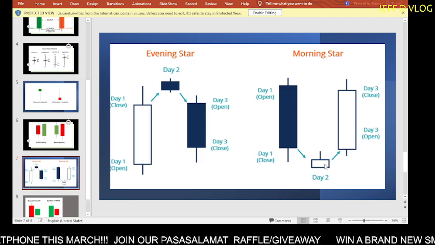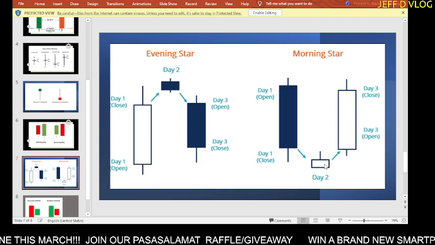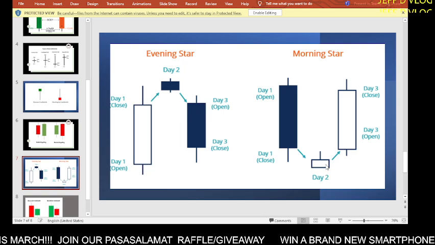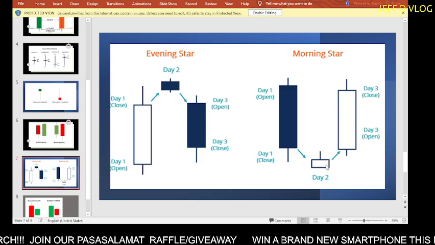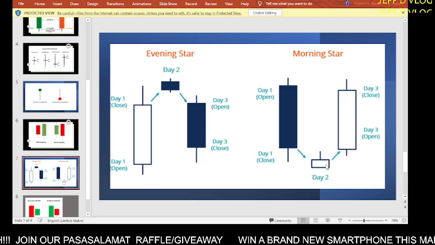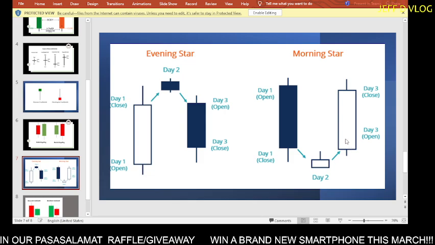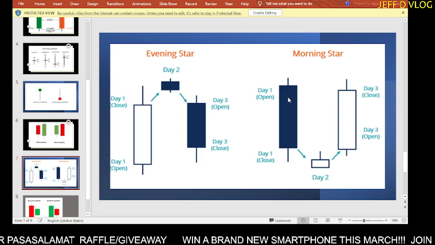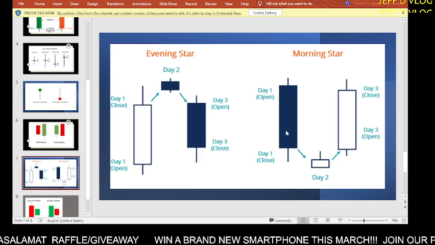Day 2 could be a little bearish or a little bullish candle. So we don't know really what this is. Most probably it could be bullish, and then forming a larger bullish candle. It will become like this. So open day 1, close lower.